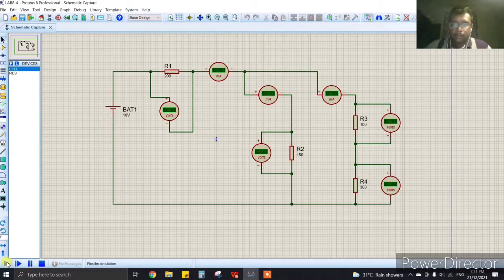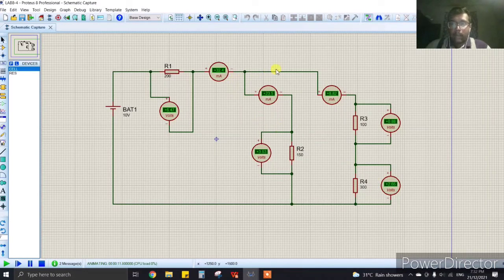So let's simulate this circuit. As you can see, we have obtained 6.47 volts for R1, which is V1. For V2 we have obtained 3.53, for V3 we have obtained 0.88, and for R4 we have obtained 2.65 volts.